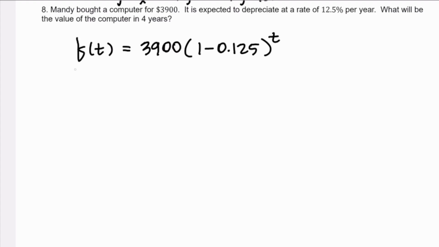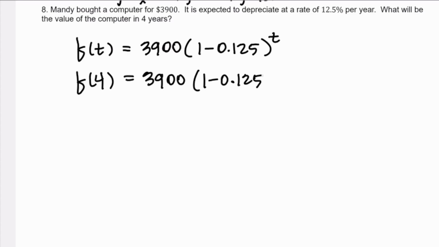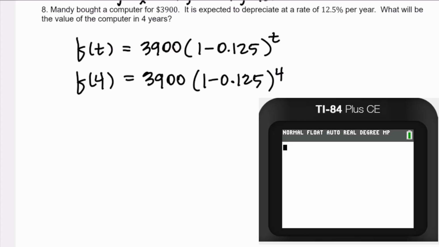If we want to know the value of the computer in 4 years, that would be f of 4. That would be 3,900 times 1 minus 0.125 to the 4th power. Okay, now there's no sense in us actually computing 1 minus 0.125. You might realize that's 0.875, but that's just risky arithmetic we don't need to engage in because we've got a calculator.